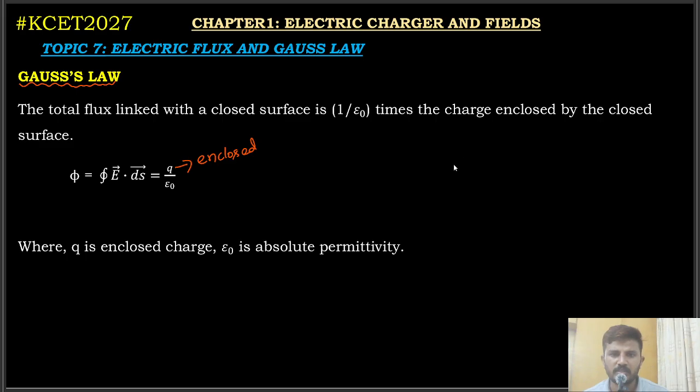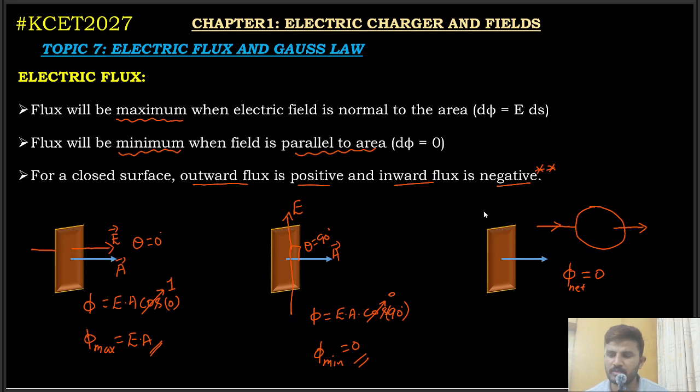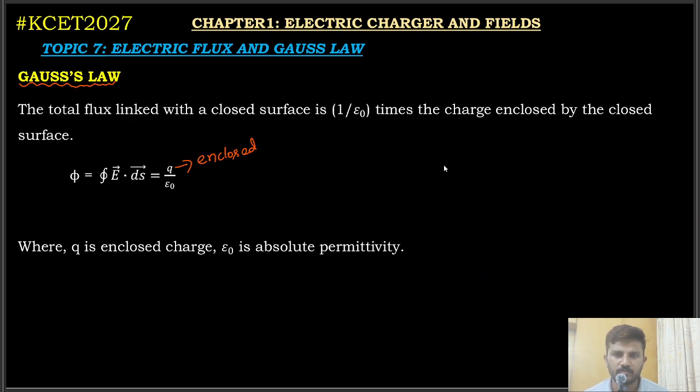What does it mean? Let's consider there is a closed surface here. Okay, closed surface. Here we have charge q1, q2, minus q3, q4, minus q5, like that. So what is the enclosed charge?